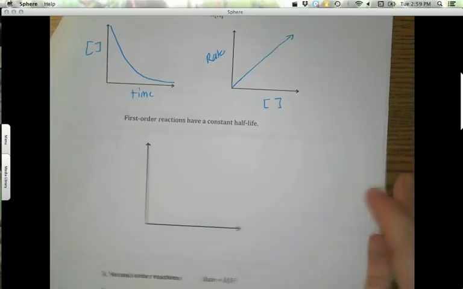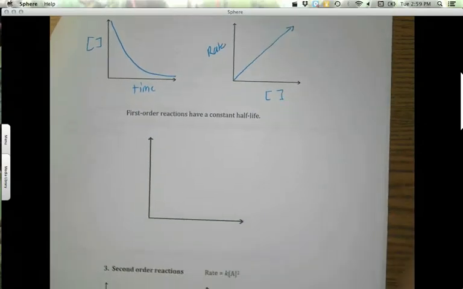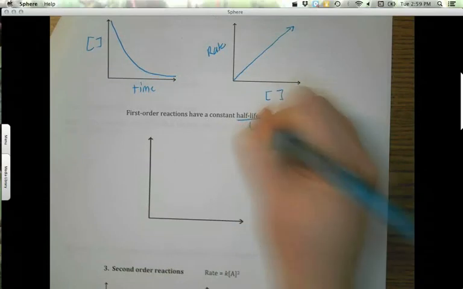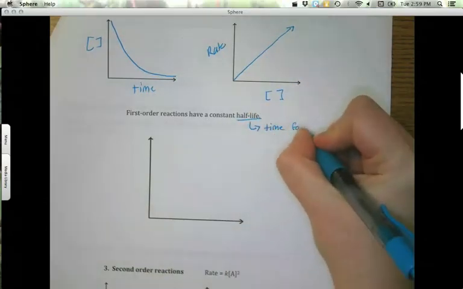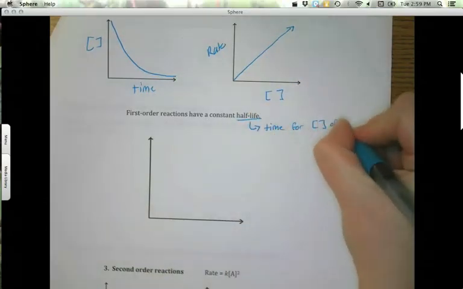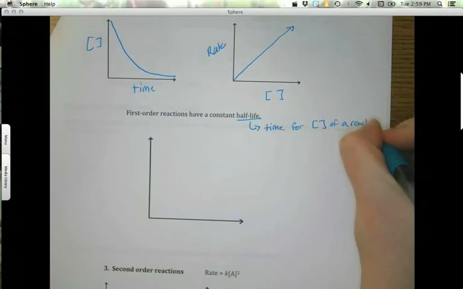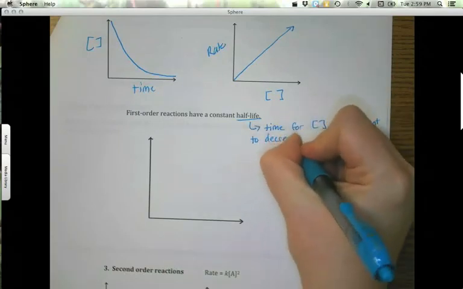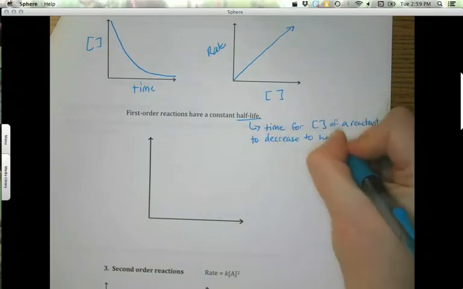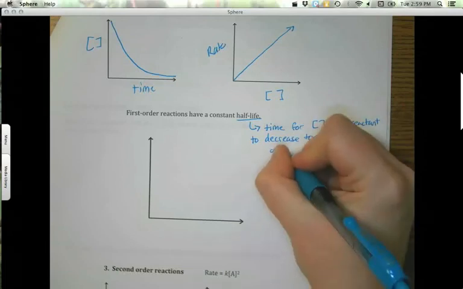Now, something about 1st order reactions is that they have a constant half-life. What that means is that it has a constant amount of time for the concentration of a reactant to decrease to half its original value.